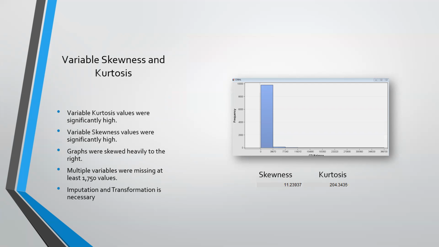The example to the right here shows the credit balance having a high skewness at 11.2 and a high kurtosis at 204. Lastly, multiple variables, including the more important variables that we identified before, were missing at least 1,750 values. With this, we determined that the process of transformation and imputation were necessary.